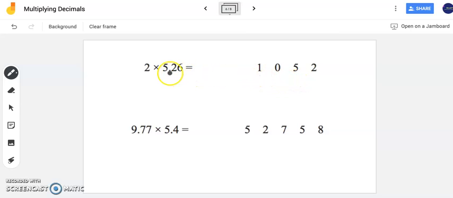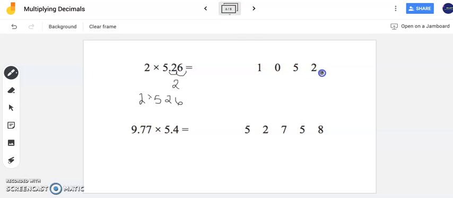So what they already did is they multiplied by 100, moving that decimal point over 2 places to the right. So they did 2 times 526 for you. That gave you 1052, but that's not your final answer.